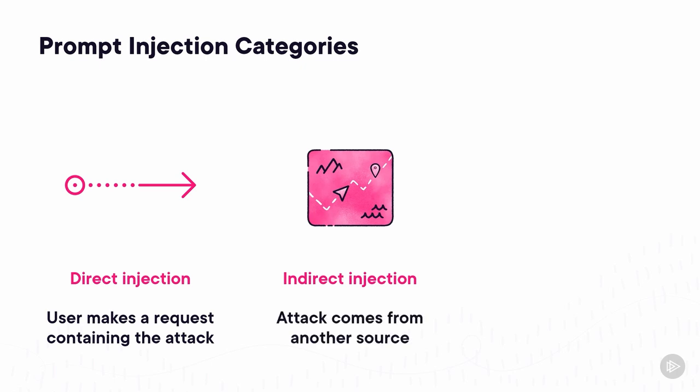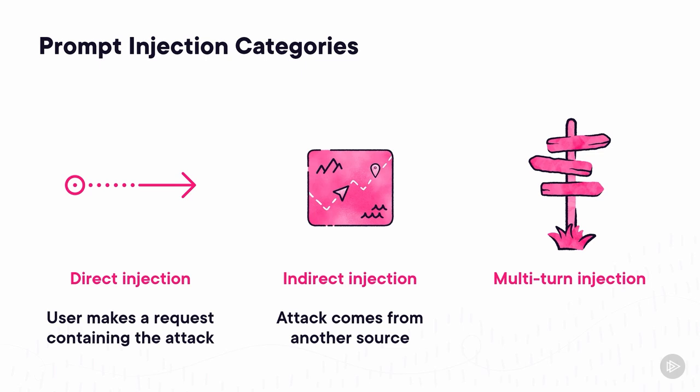It's common to see LLMs use documents or websites as sources of information. So, could those sources contain injection attacks? Multi-turn injections are an evolution of direct injection. This builds up an attack over a series of requests, which gradually convince the LLM that something malicious is actually okay. Let's look more closely.